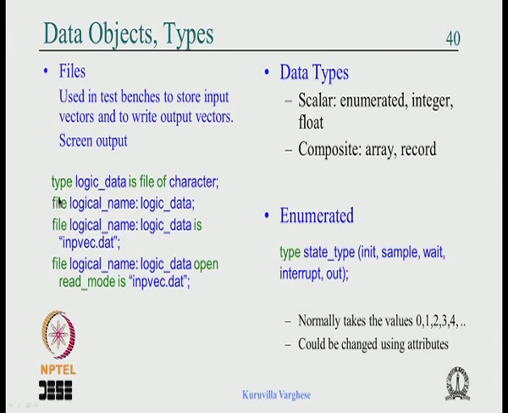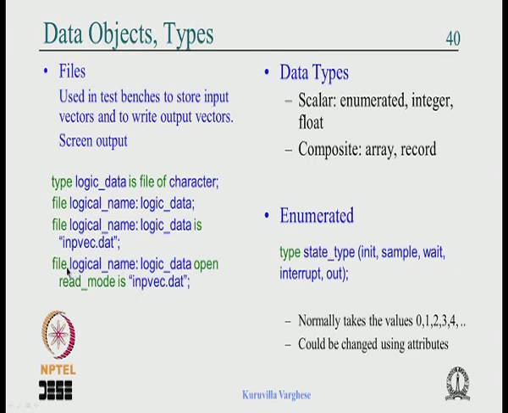Then to use the file, give the keyword file, a logical file name, or you can say a file handler, and you say this logic data, that means it's a file of character. Then you can give this logical name logic data, in quotes some file name. This is a physical file name in the current working directory.